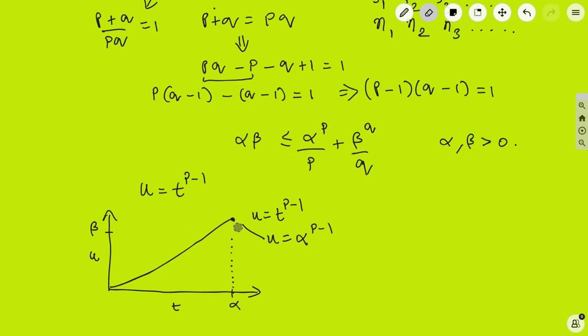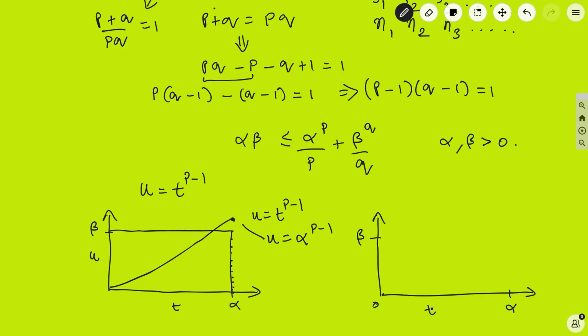What can be the other scenario? The same thing, alpha, this is beta, and this is t, this is u. Let me connect this. What can happen is it's actually less than.